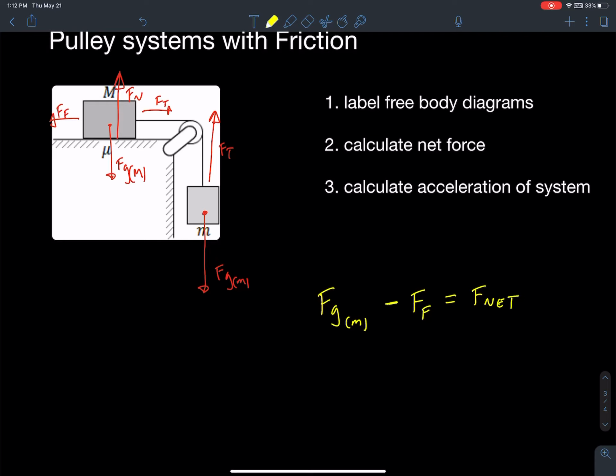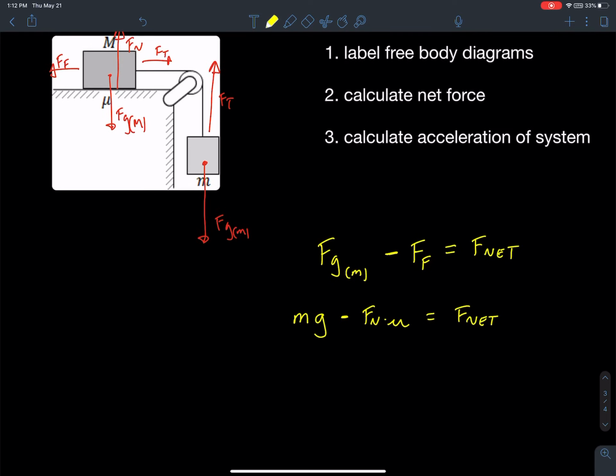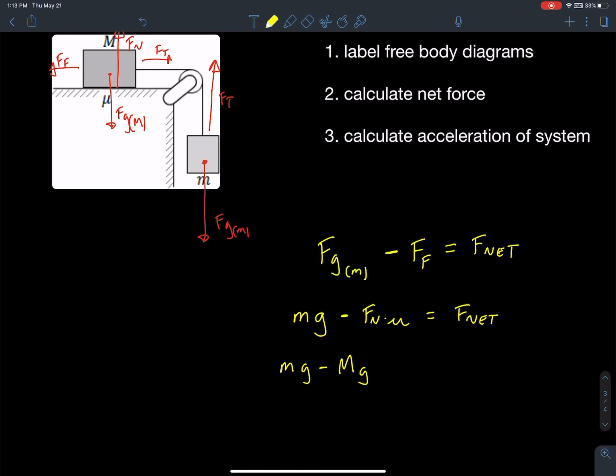The force of gravity is just little m times the acceleration of gravity, minus Fn times mu, which is how we calculate the force of friction, equal to F net. Then we can further substitute: mg minus capital Mg, that's my normal force, which is equal to the force of gravity on the sliding mass, times mu, is equal to F net.